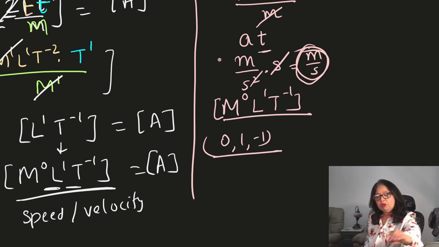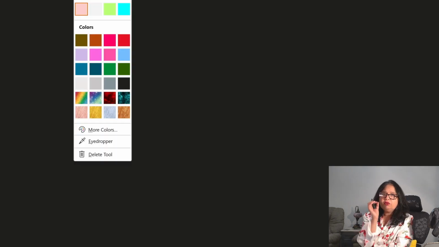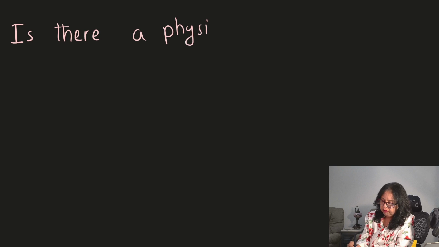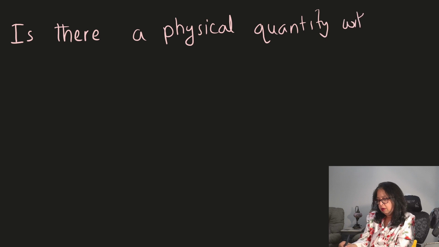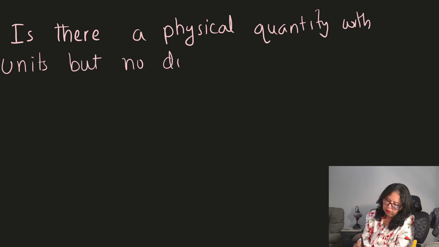What else did I want to cover in this lecture? Yeah, one more very, very important thing. You just saw me use units and dimensions both to solve the previous problem that I just wrote down. We could really use them both, but is there a physical quantity with units but no dimensions?